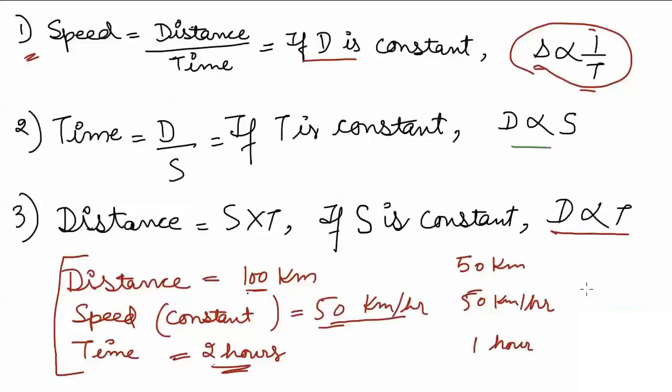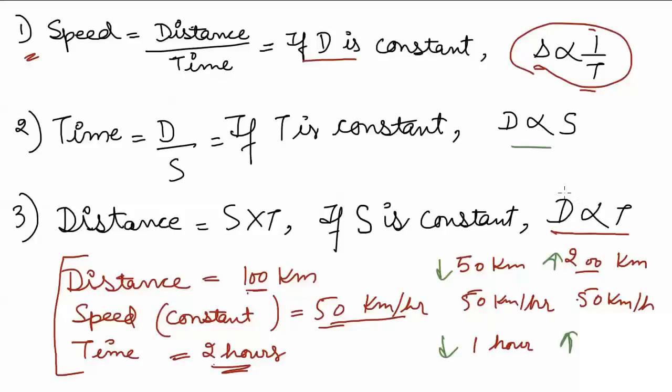In case the speed is constant again, in case the distance increases from 100 kilometers to 200 kilometers, we can cover 200 kilometers by running 50 kilometers per hour in 4 hours. 200 divided by 50, that is 4 hours. So as the distance decreases, the time to cover the distance also decreases, and as the distance increases, the time to cover the distance also increases.